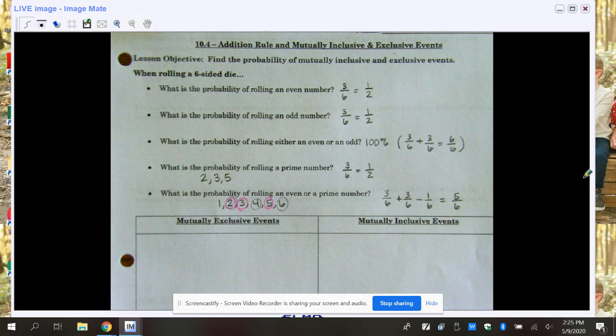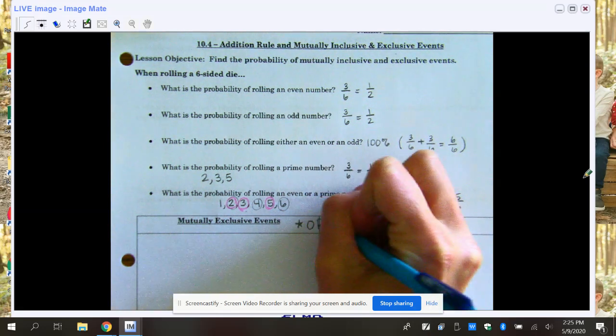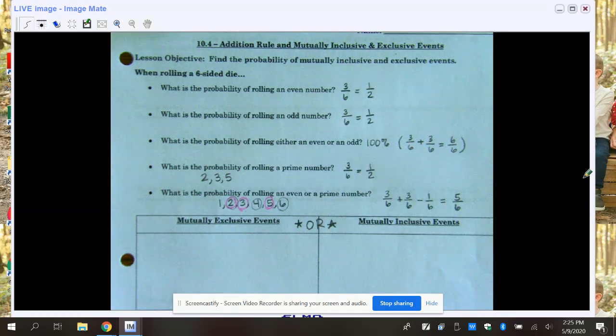So that's when we would multiply the probability of 2 separate events. So the key word that you want to look for when determining whether it's dependent or independent or inclusive or exclusive is the word or. That signifies one event or one roll. Then, and, things like that, that's 2 different events, so that would be multiplying.